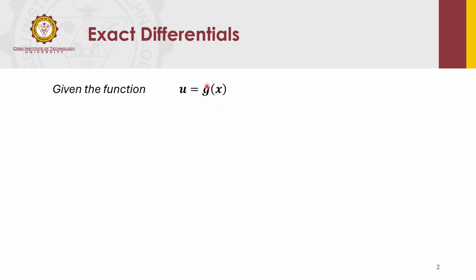Let's say we use g(x). So the exact differential of u from differential calculus is written as du and is equal to the derivative of g(x) with respect to the independent variable, which is x, then multiplied by the differential of x.